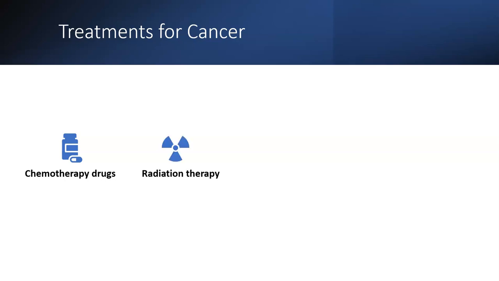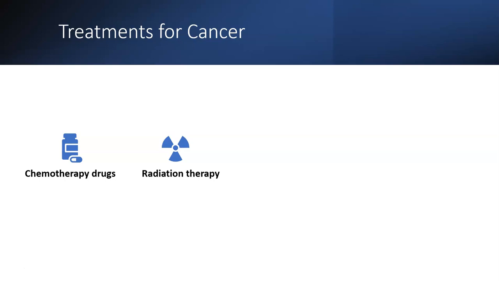Reviewing the different types of treatment for cancer. There are three primary types of treatment. The first being a cancer chemotherapy drug. There are other terminologies that we use, such as anti-neoplastic, which means against a neoplasm. Radiation therapy can also be used to treat cancers.